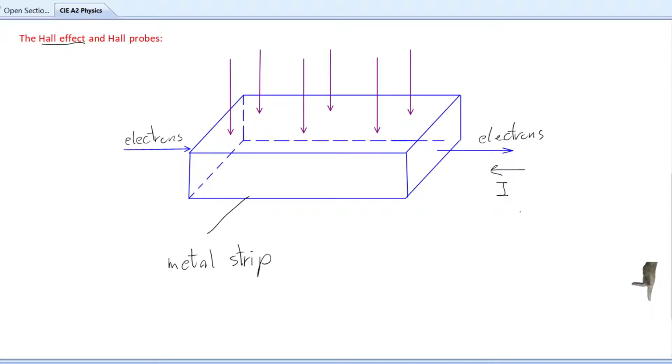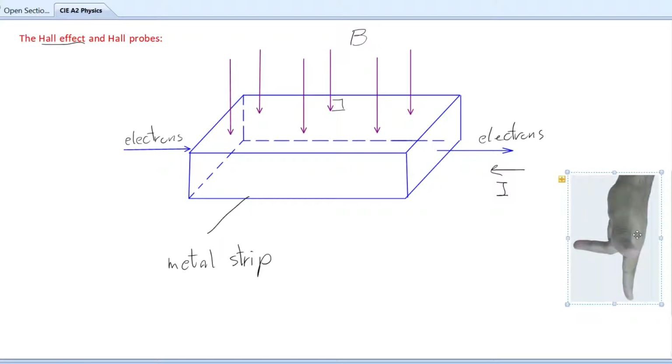So basically, if you place this metal strip inside the magnetic field of a magnet or a coil or a solenoid or anything like that, and you place the probe at right angles to the field, the electrons moving through the strip will experience a force. If you apply Fleming's left-hand rule, so we can take this picture and magnify it.